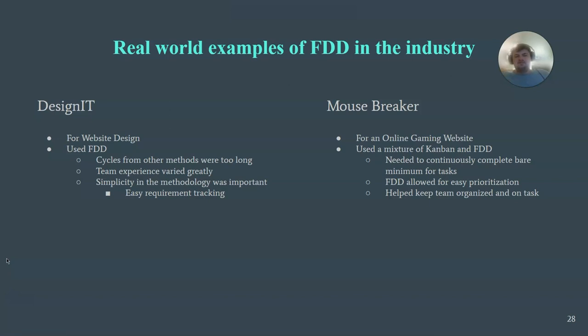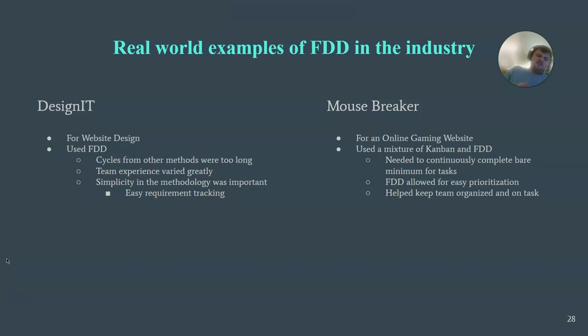Another example of feature-driven development being used in software engineering is with Mousebreaker, which is an online gaming website. They used a mixture of Kanban and feature-driven development in order to complete their website, because they worked asynchronously, so they needed a way to help keep track of the progress of everyone.